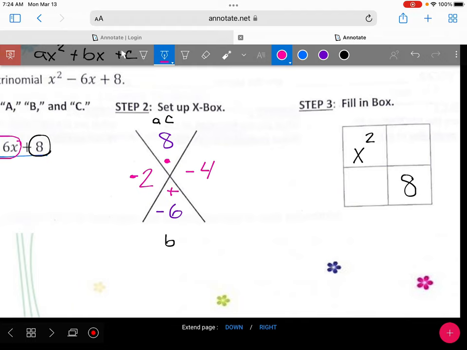And then the other 2 boxes we fill in with this middle term that's been split into 2 boxes, negative 2x and negative 4x. It does not matter which box the negative 2 or negative 4 go into. It can switch between those 2 diagonal boxes. Questions about that setup? Because it's been a hot minute since we factored.